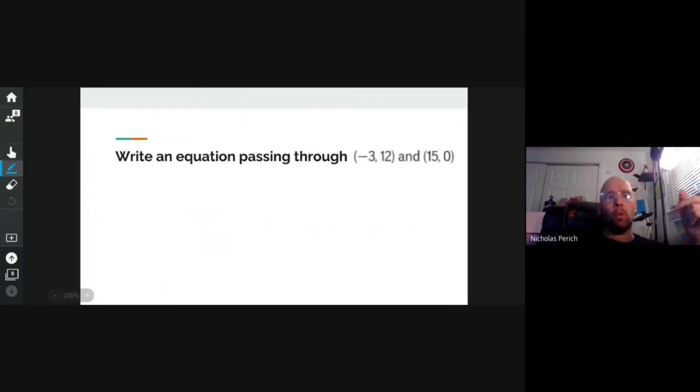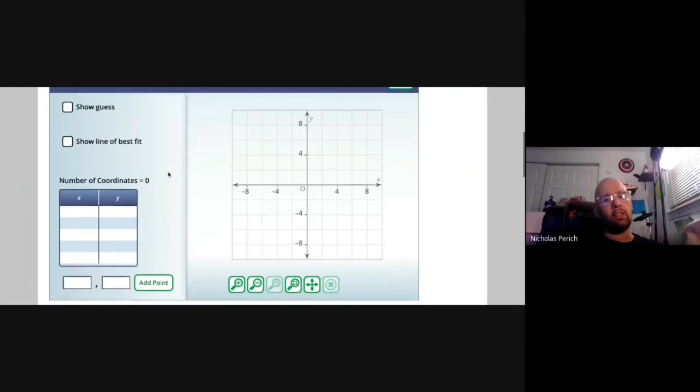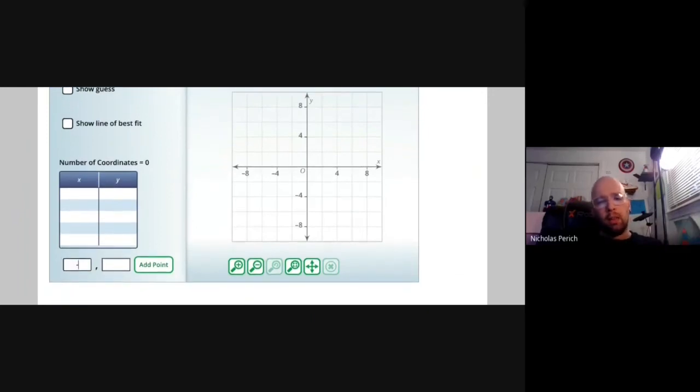So the line of best fit, what are my 2 points? I have negative 3, 12 and 15, 0. So I have, and I suggest you do the same, negative 3, 12. And 15, 0.